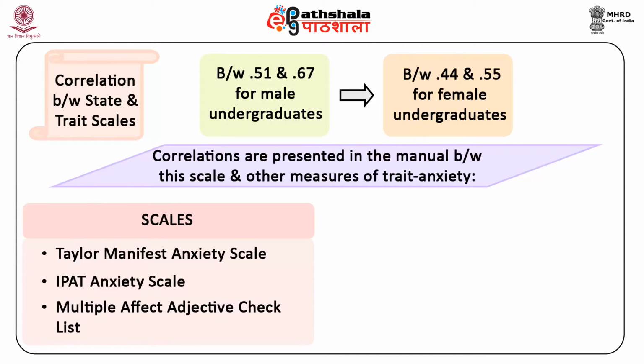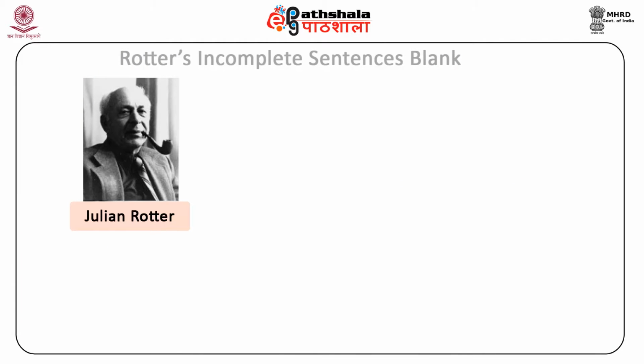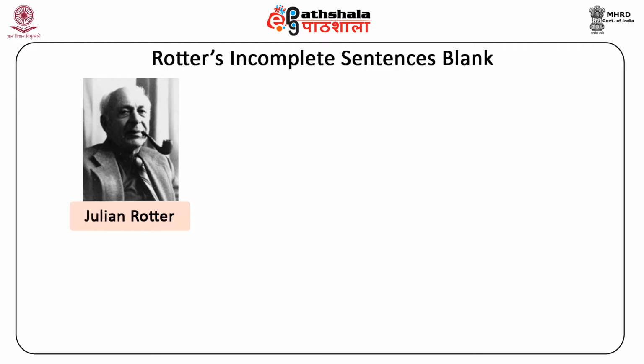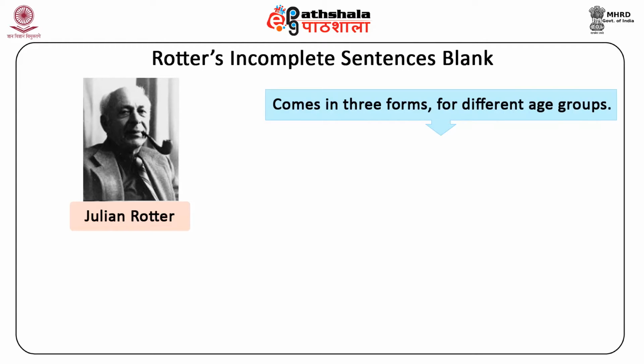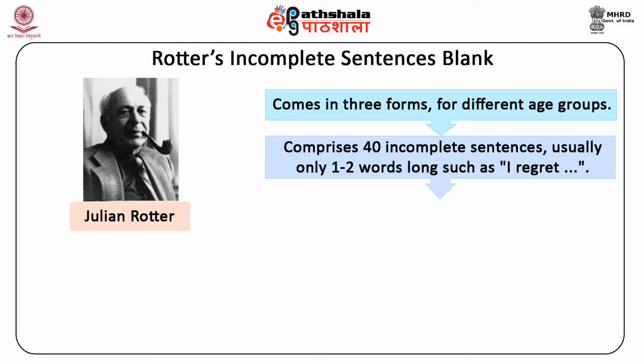These correlations are 0.80, 0.75, and 0.52 respectively. Rotter's incomplete sentences blank. The Rotter's incomplete sentences blank comes in three forms for different age groups and comprises 40 incomplete sentences, usually only 1-2 words long, such as "I regret."